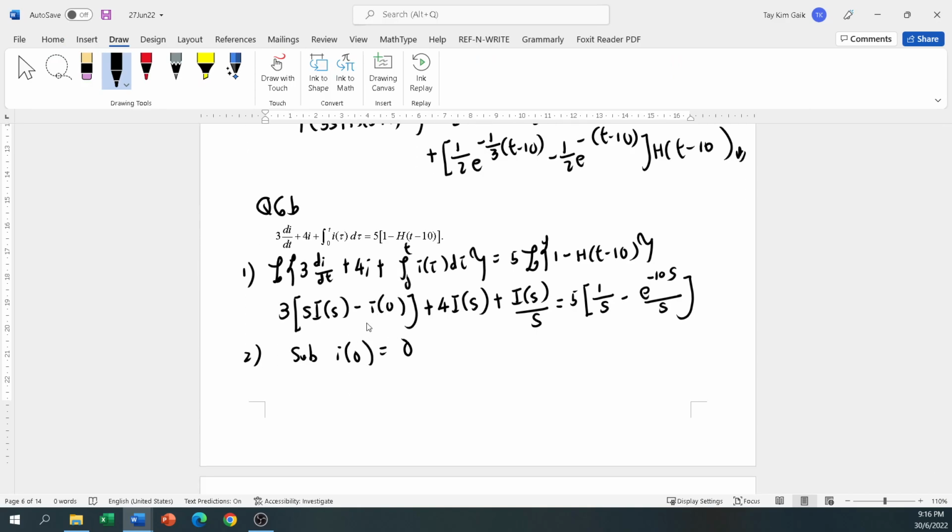So we are left with 3sI(s) plus 4I(s) plus I(s) over s equal to 5 times 1 over s minus exponent negative 10s over s.